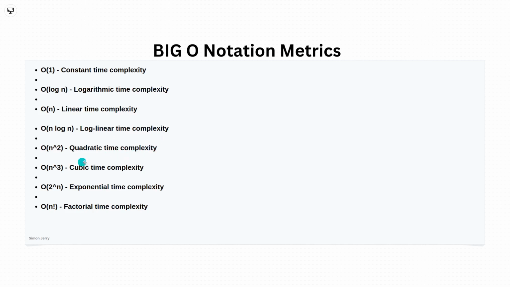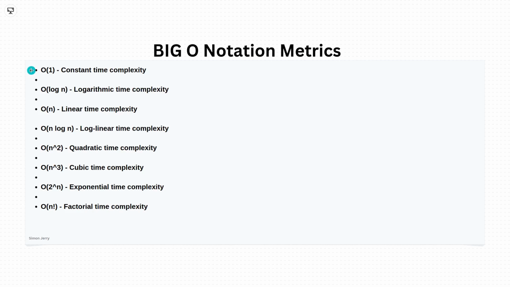And we have big O of n raised to power 2, which is the quadratic time complexity. And we have big O of n raised to power 3, which is the cubic time complexity. And we have O of 2 raised to power n, which is the exponential time complexity. Lastly, we have O of n factorial, which is the factorial time complexity.